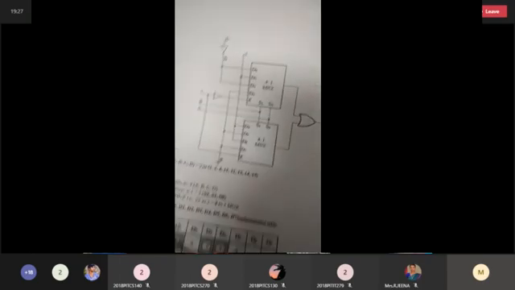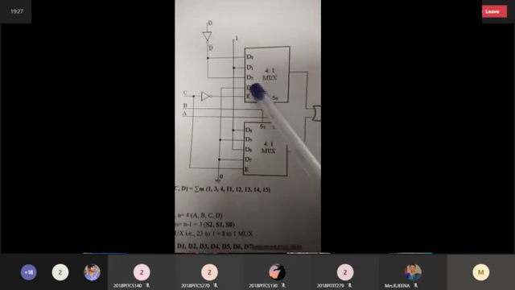Okay, next D3 is 0, so D3 is taken as the ground, 0. Okay, next this enable is now considered as 0. Next this enable is active as 1.